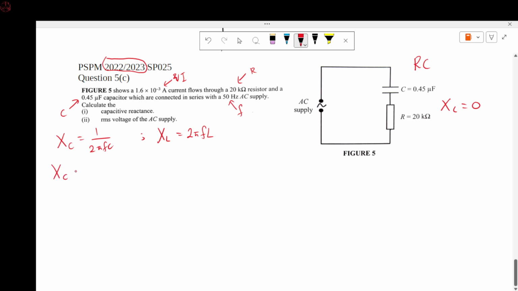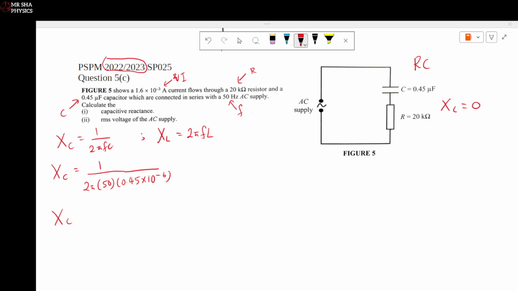XC equals 1 over 2 pi, my F is 50, my C is 0.45 times 10 to the power of, well, we see that it's micro, so it's going to be -6.